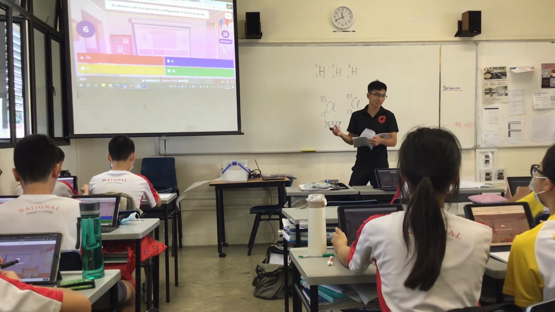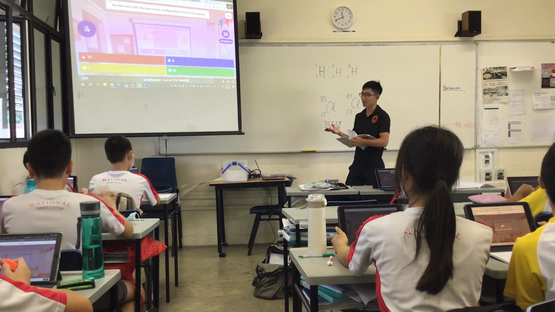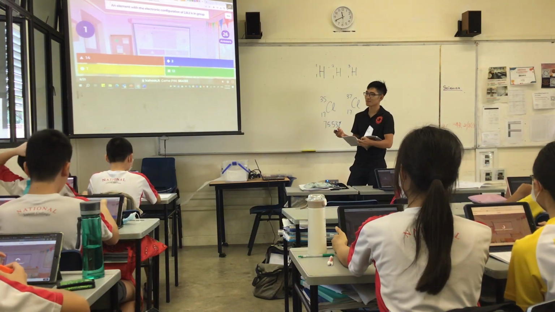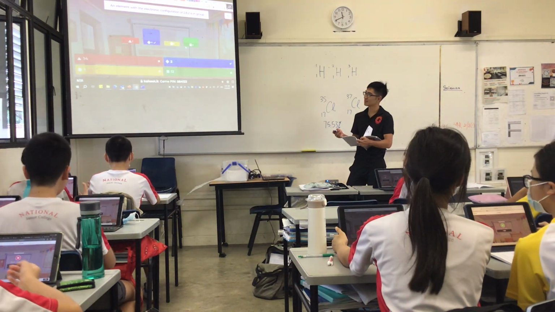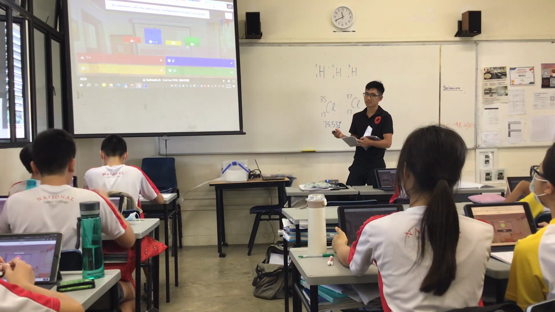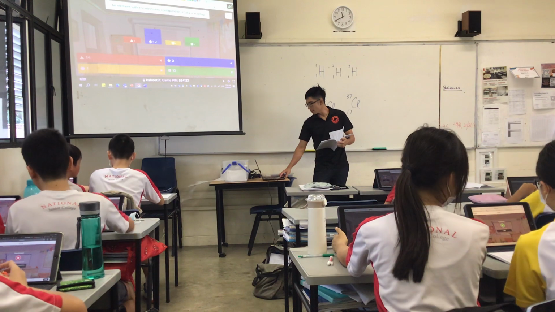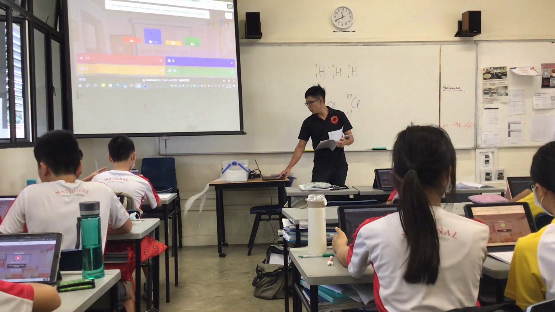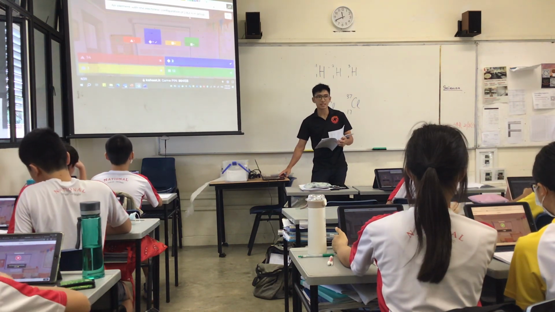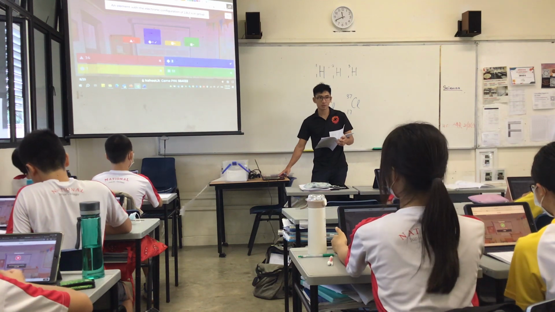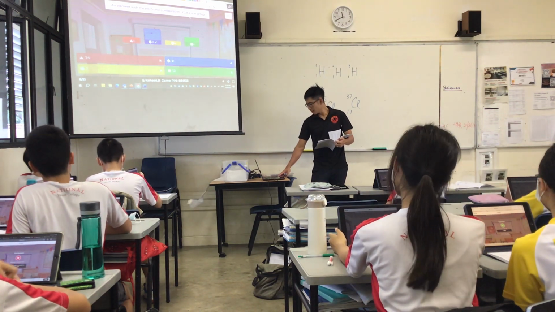You don't need to look at the periodic table, correct? You can just answer without it. Remember, if you look at the very last shell, there are 2 valence electrons. That means it's in group 2, not group 12.